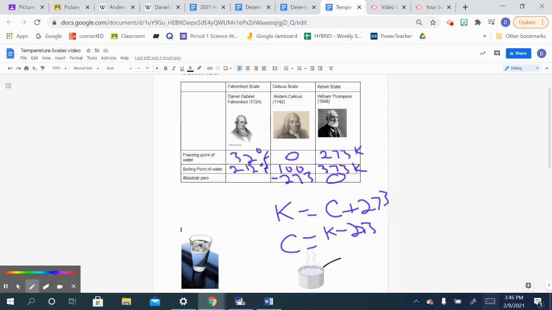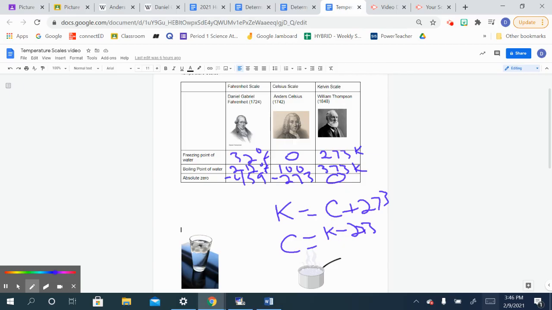This is something that you can calculate, right? You know how to use the formulas now, so you can calculate that. But on the Fahrenheit scale, it's around negative 459 degrees Fahrenheit. That is the absolute zero on the Fahrenheit scale. So all of these scales work. All of these scales have value to them.